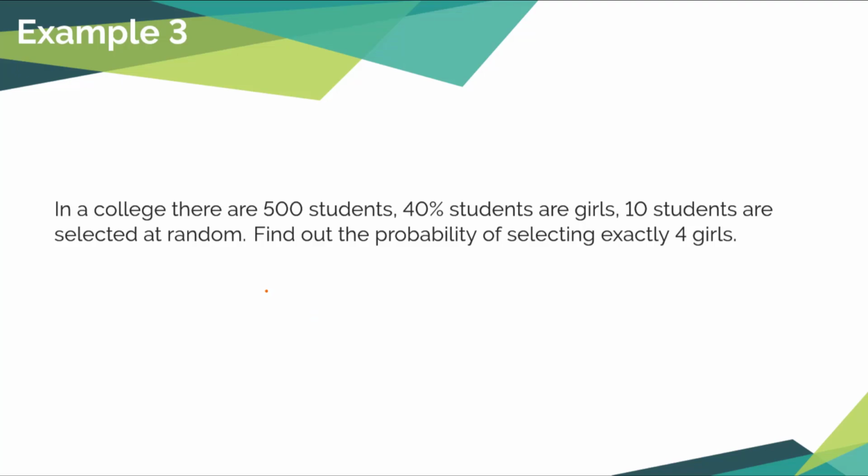So the next example is, it is given that in a college there are 500 students. 40% of the students are girls, and 10 students are selected at random. Find the probability of selecting exactly 4 girls. Now in this kind of example, first of all you will have to set what your interest is, right?